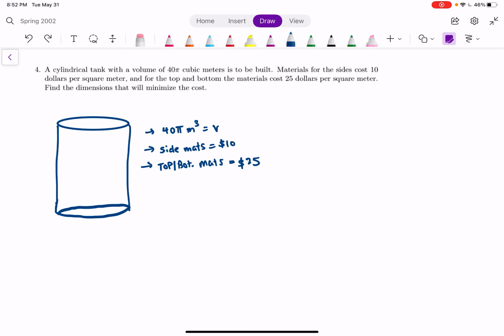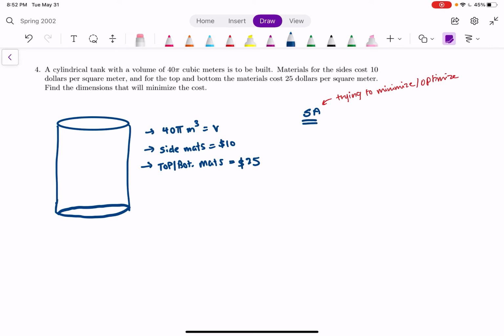So we're going to be working with surface area. That's the component that we are trying to minimize or optimize.